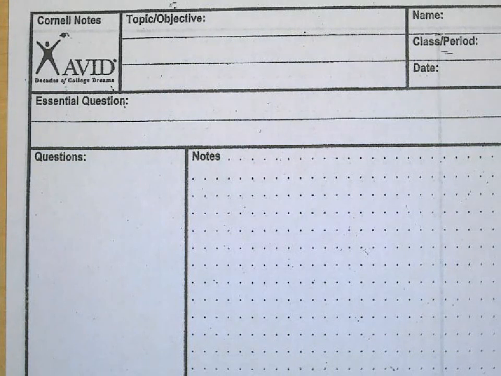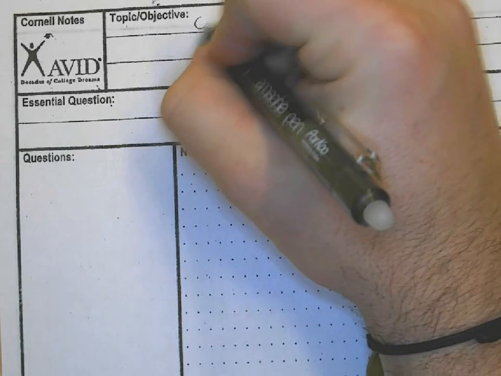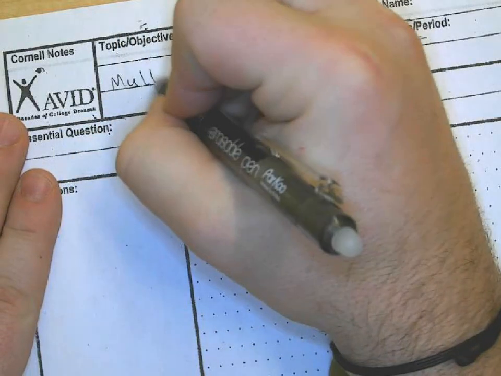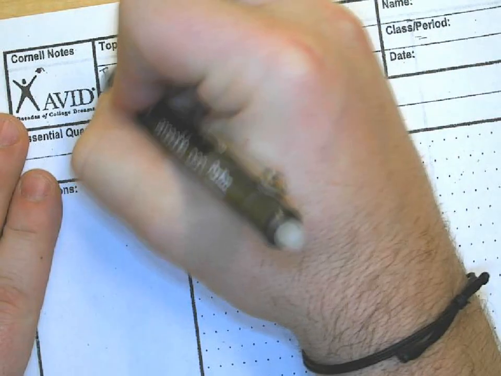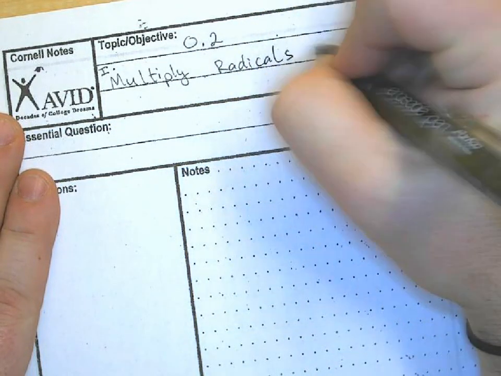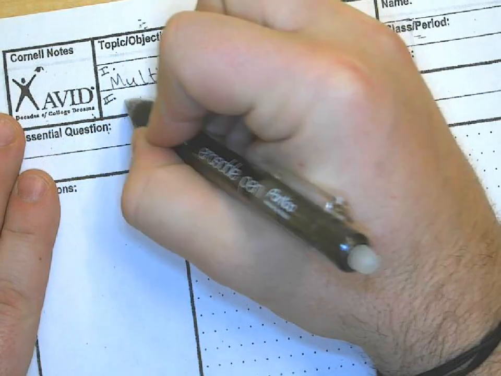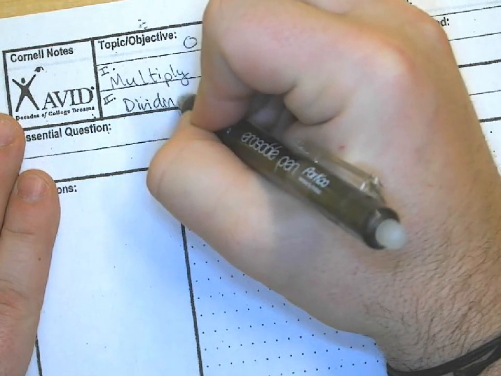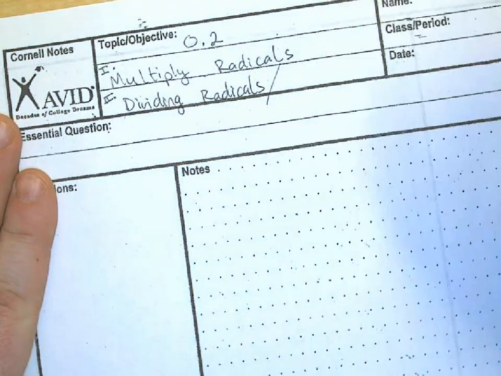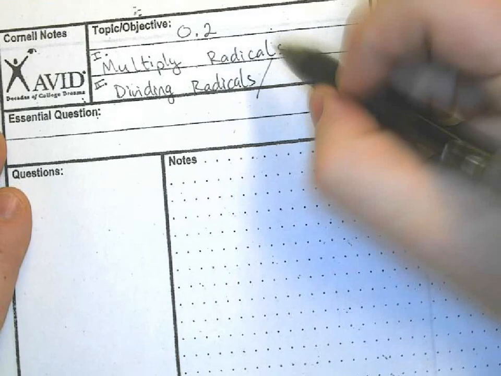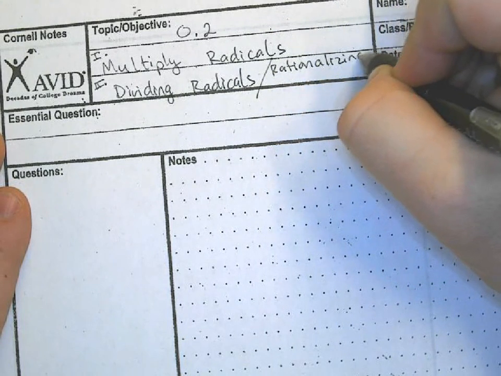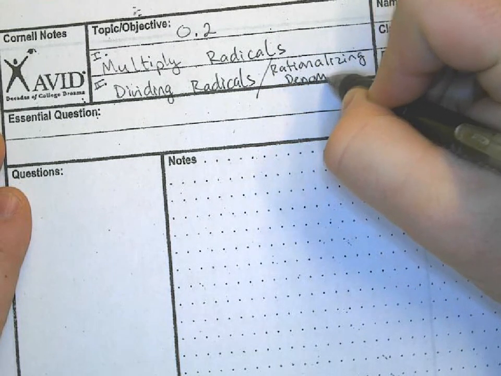In this video, we'll be looking at section 0.2, with our first part being multiplying radicals, and the second part's going to be dividing radicals slash rationalizing denominators.